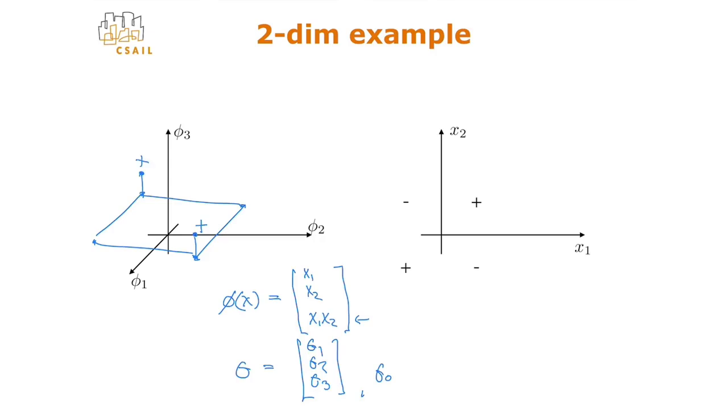And now the negatively labeled examples are put down by 1 and live a little bit lower in this higher-dimensional, 3-dimensional space. Okay? Now you can see that the phi 1, phi 2 plane is actually an appropriate way to separate these two examples.